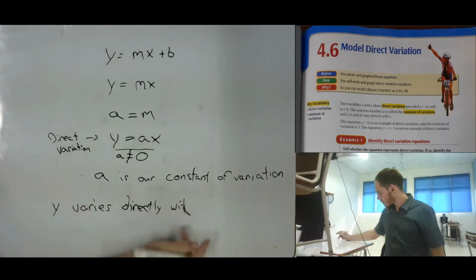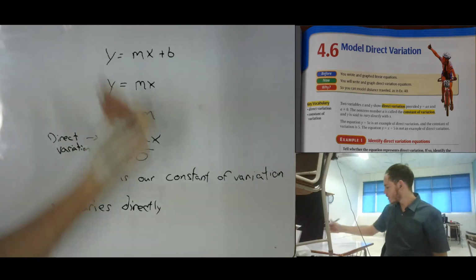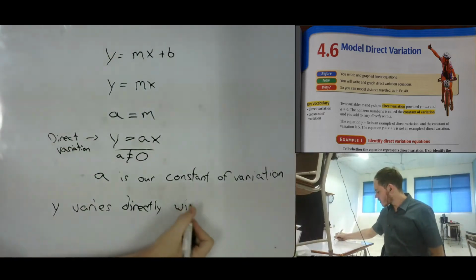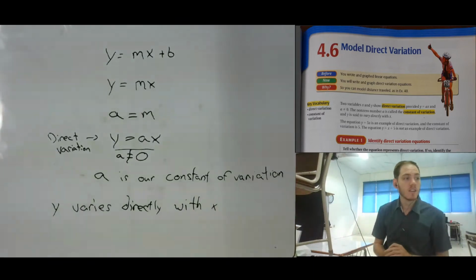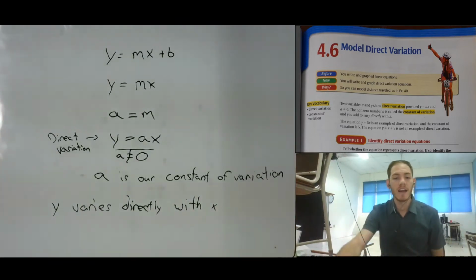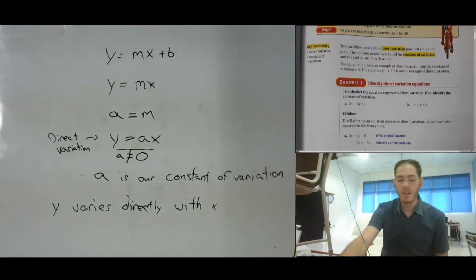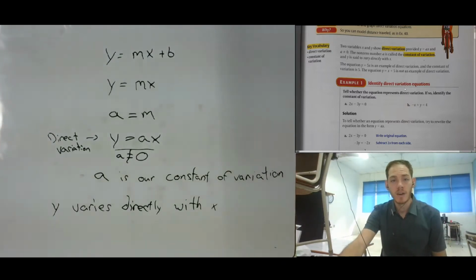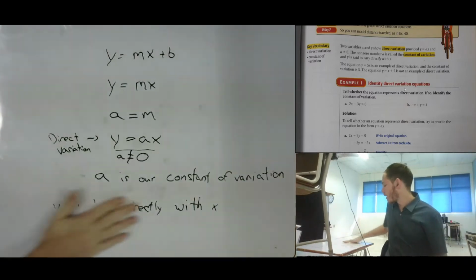Okay. Varies directly with x. Okay? So, let's look at identifying if it's direct variation or not. So again, direct variation is a line that has 0 as its y-intercept, okay? Meaning you're not going to see a number for a y-intercept.